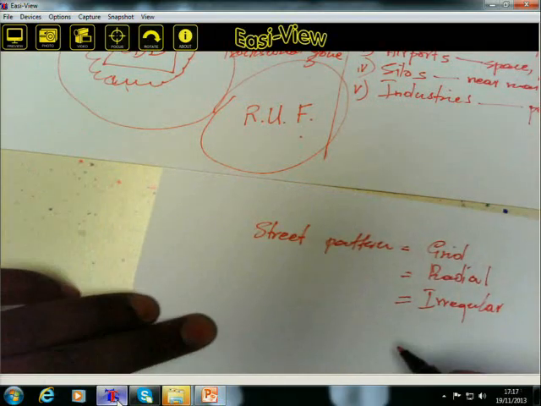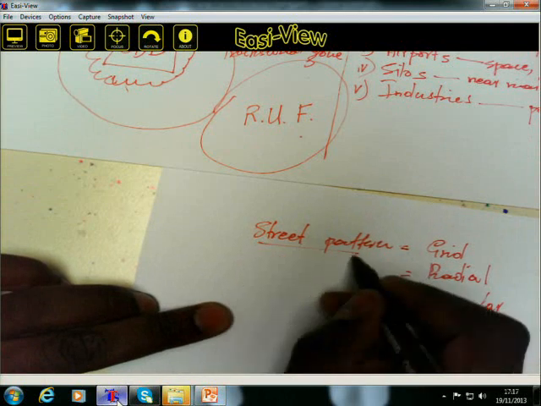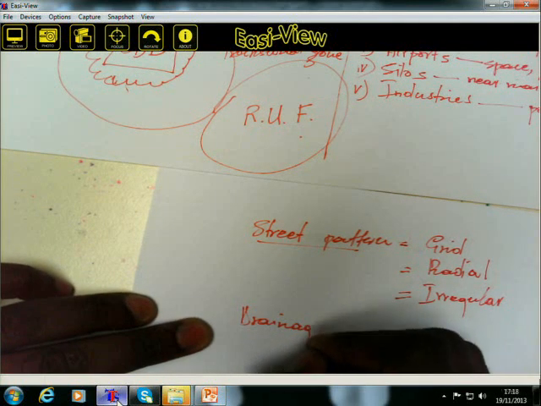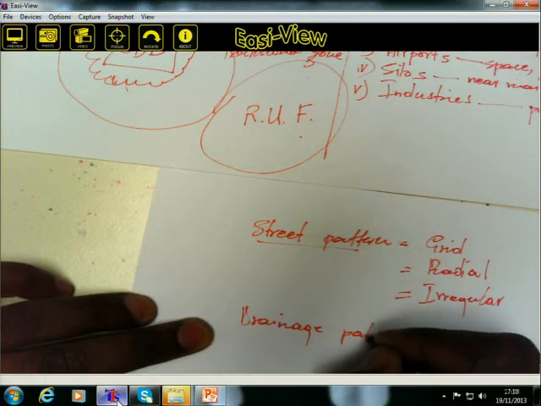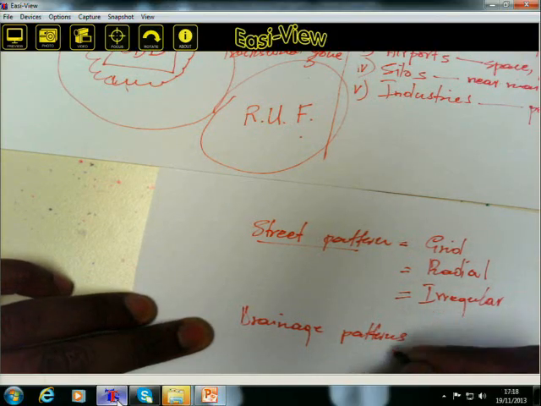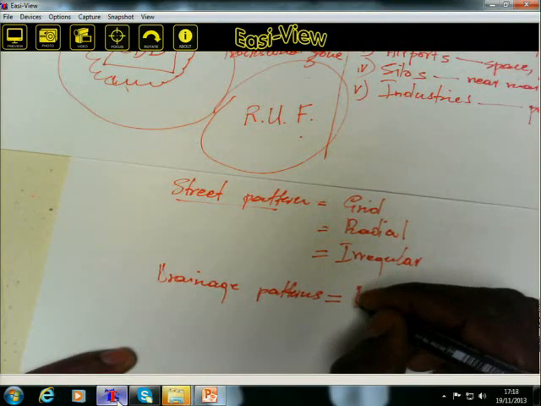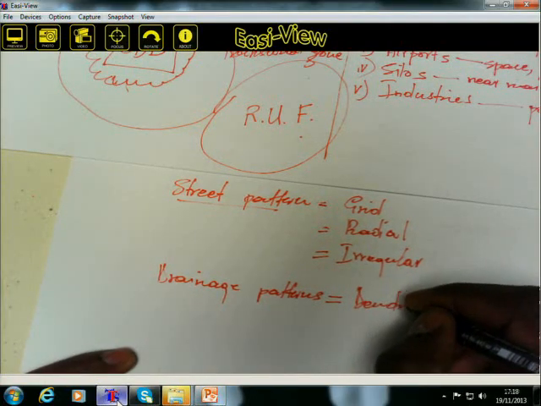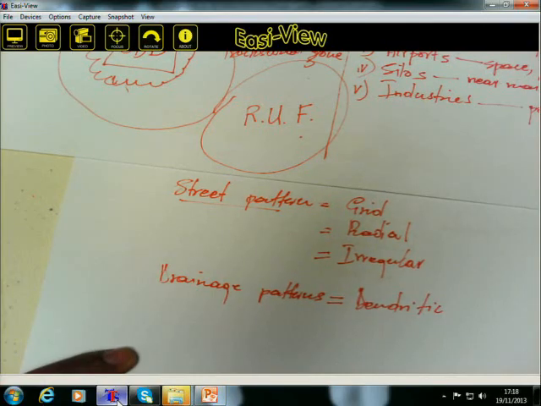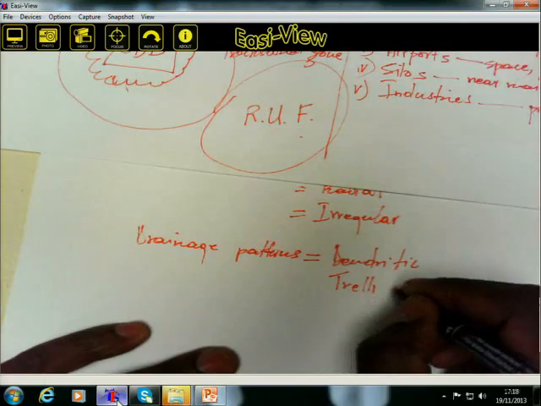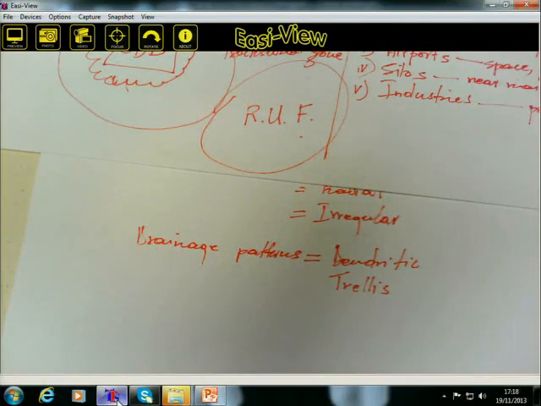Then also make sure that your drainage patterns are fully prepared. Can you identify a dendritic pattern on a map? Can you identify a trellis pattern on a map?